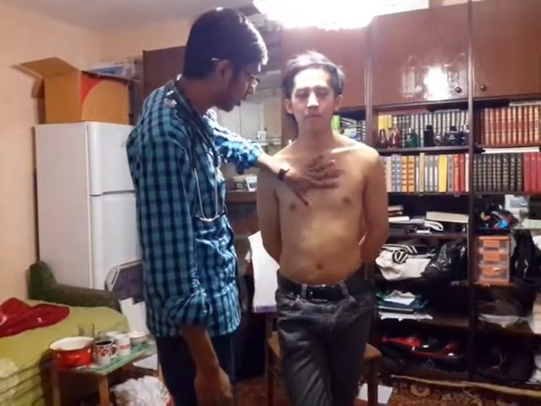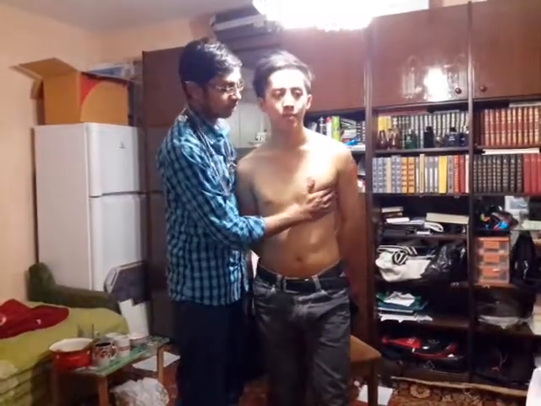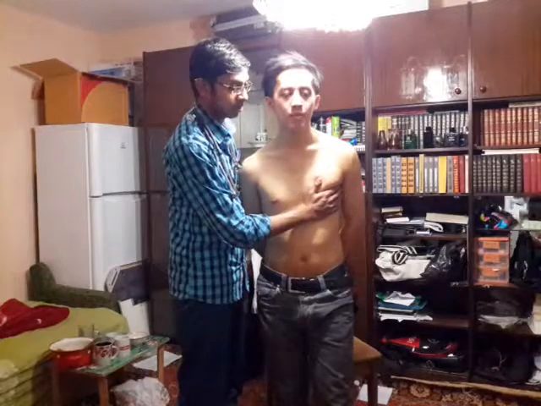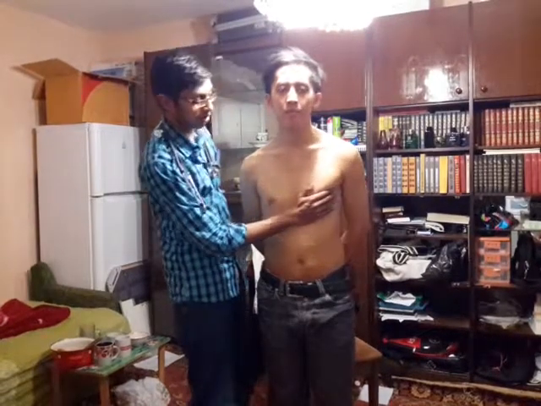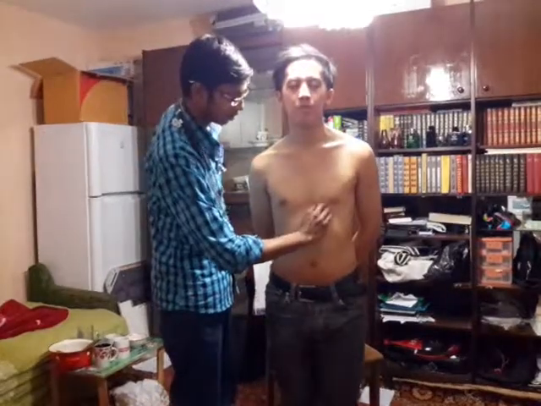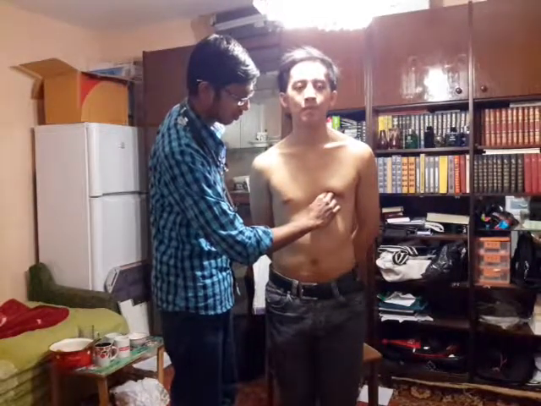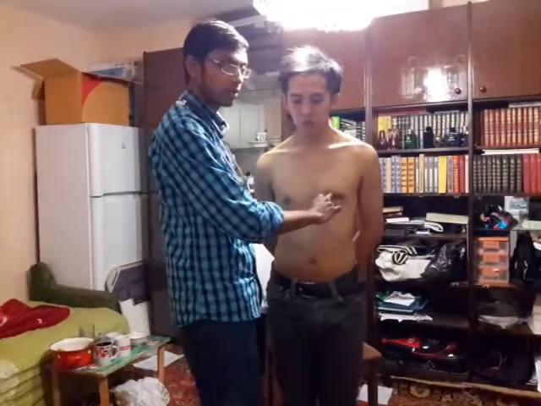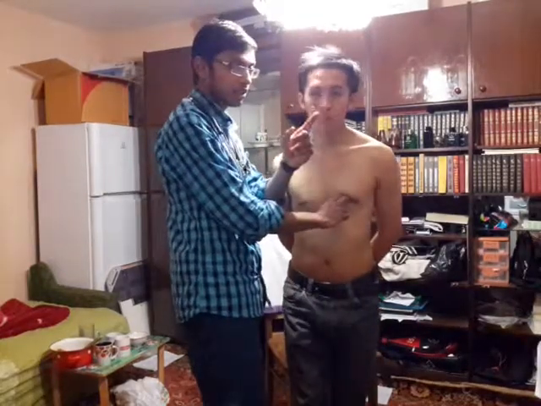Same technique. Clearly palpable. So this is the first point of auscultation.